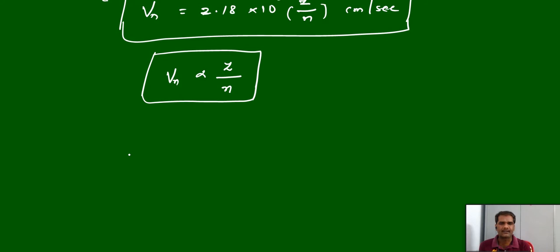From this we can draw a graph, just like the previous one. Let me take velocity versus atomic number, where n is constant. Then you will get a graph like this.